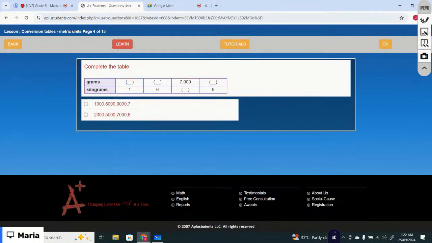Okay, the next one is complete the table. That's a conversion between grams and milligrams. So which is the correct option?